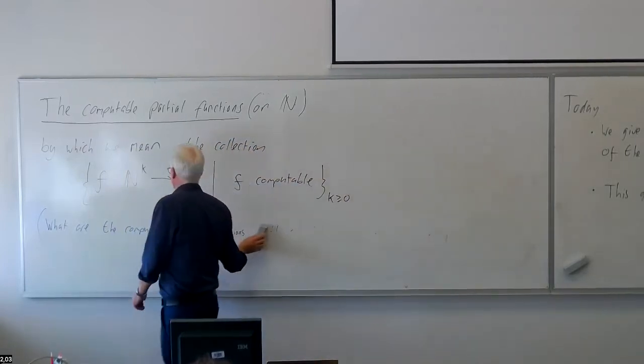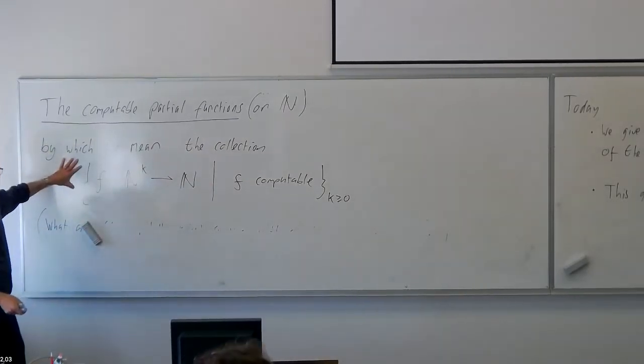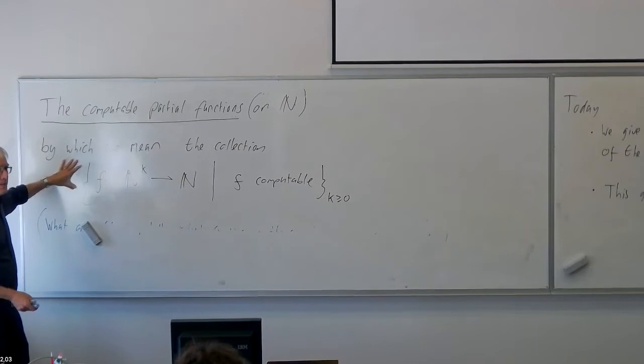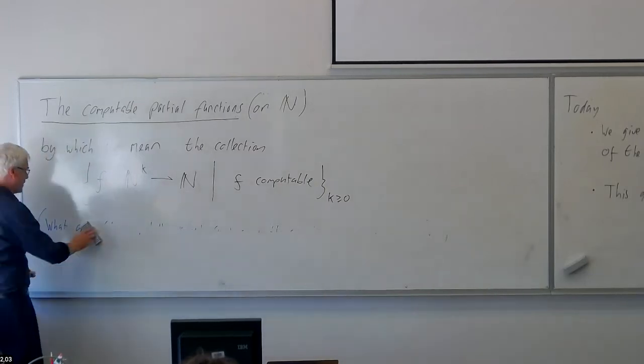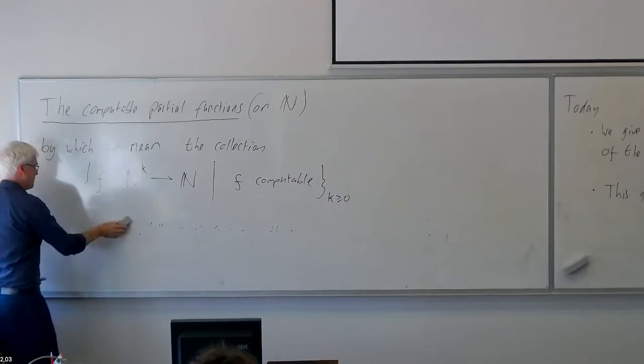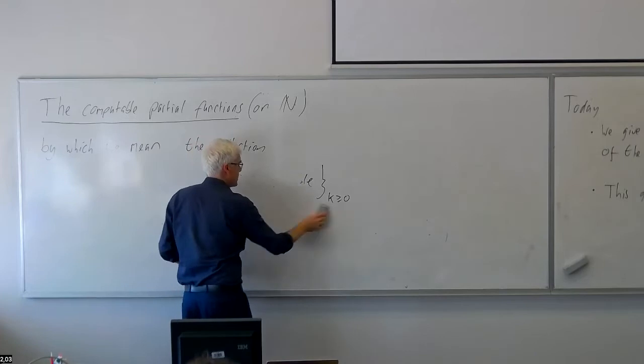So what we're going to do is simply define a class of partial functions and declare that to be the class of computable partial functions. And we're going to do it in a mathematical way.